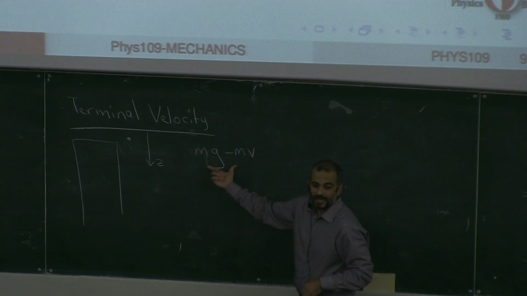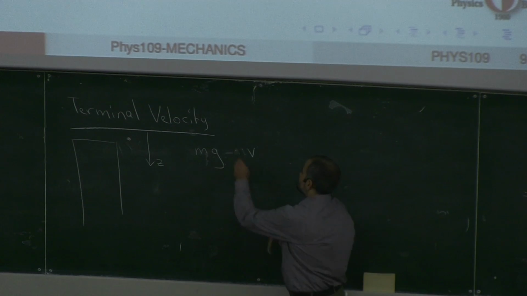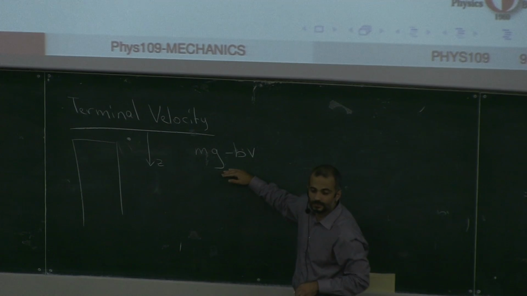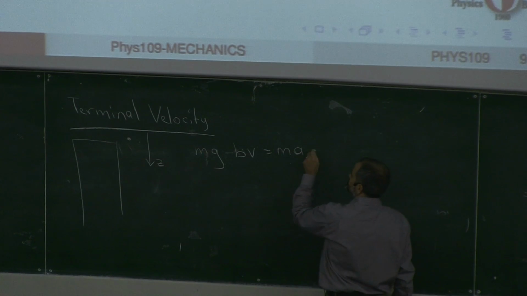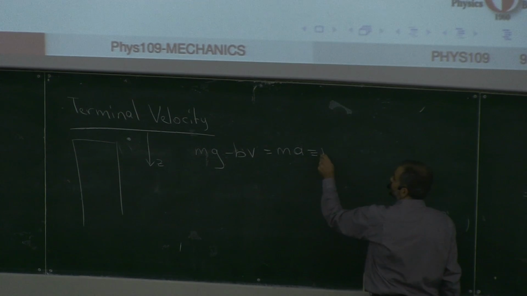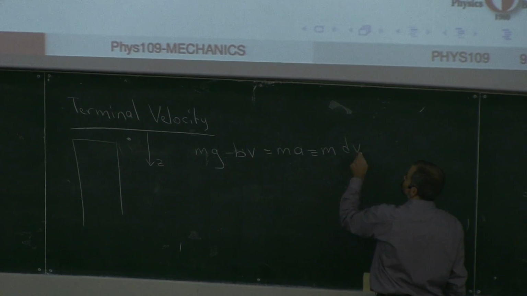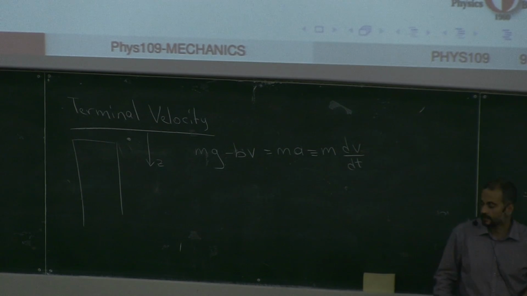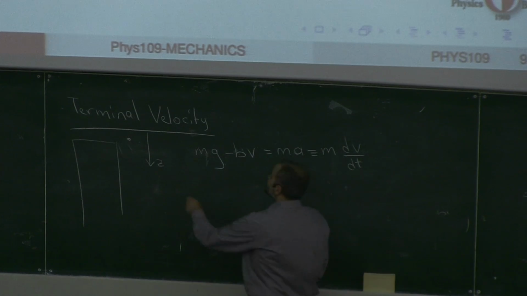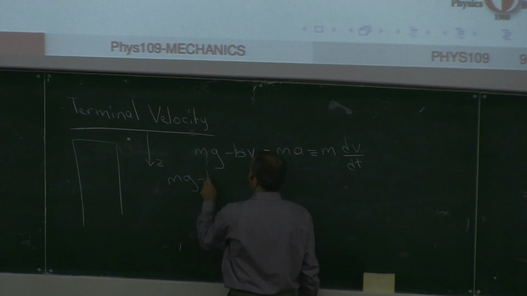Sorry, this is bv. This is the net force acting on my system. This should be equal to mass times the acceleration, which I can write as the mass times the rate of change of the velocity with respect to time. So we have such a differential equation.